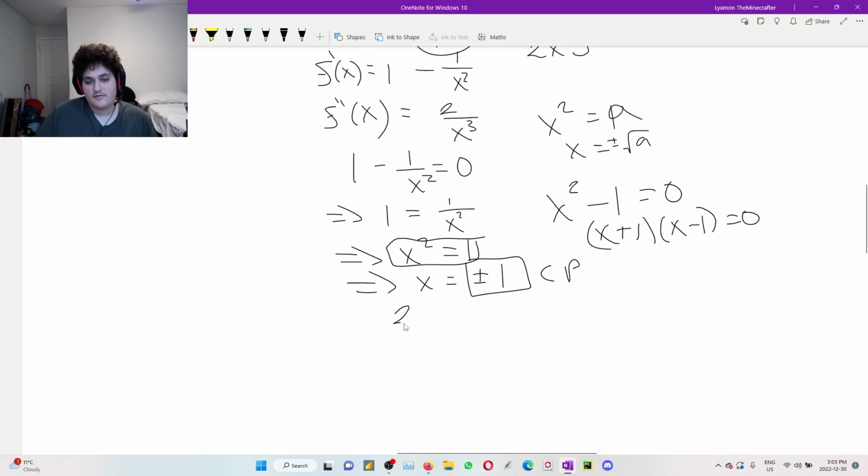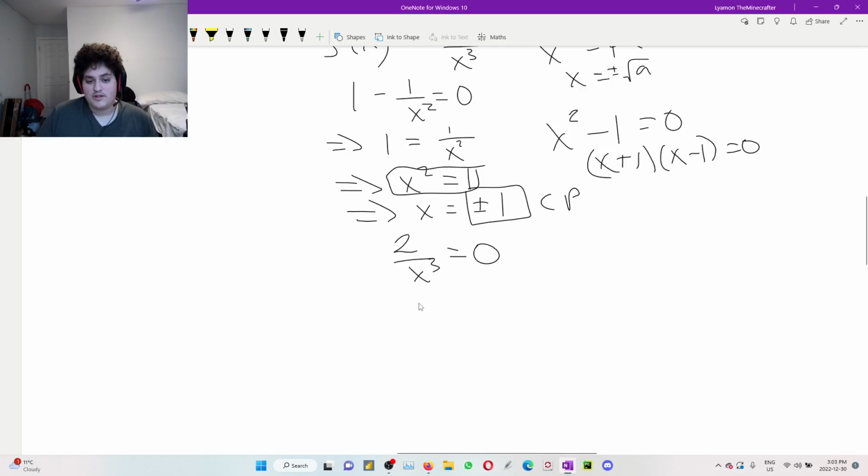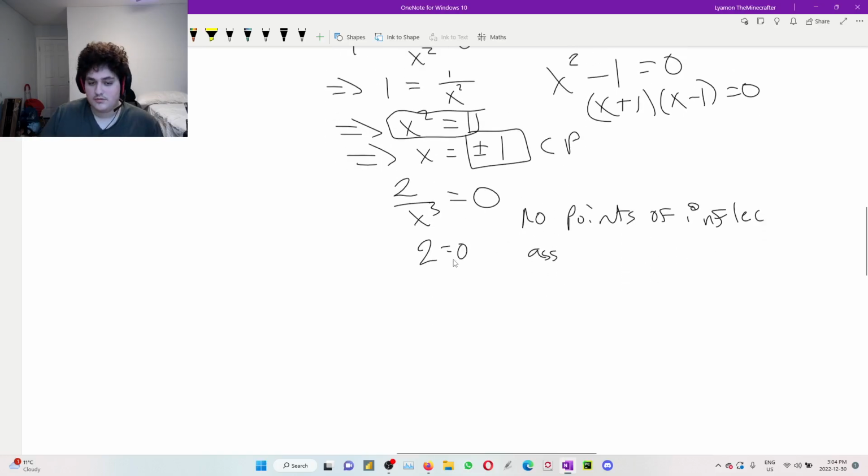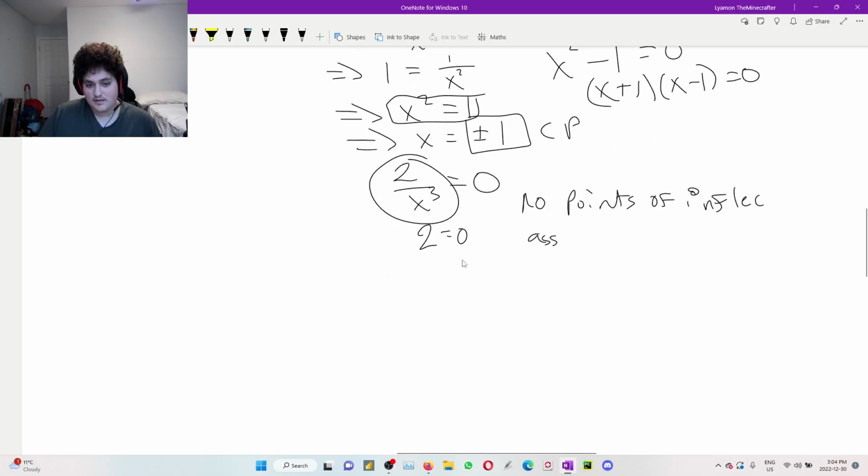And if we have this equal to 0, well, this obviously has no solutions, because for this to be true, 2 would have to be equal to 0, which it's not, so there are no points of inflection. But the function will change concavity before and after the asymptote, so we still have to keep this in mind.